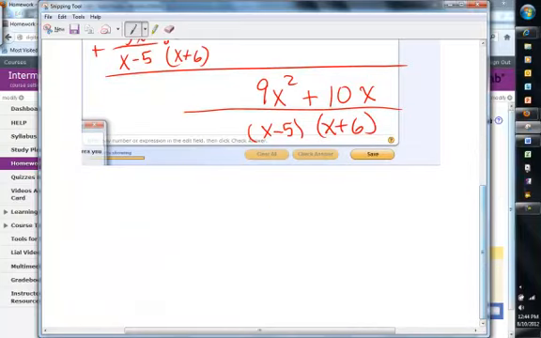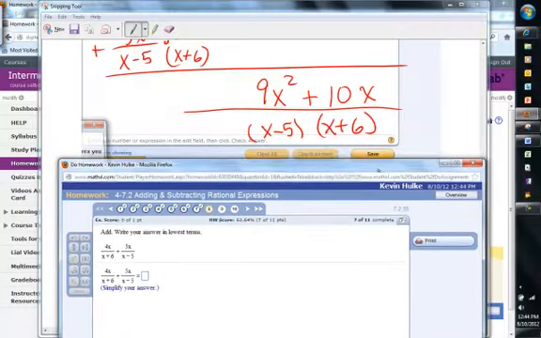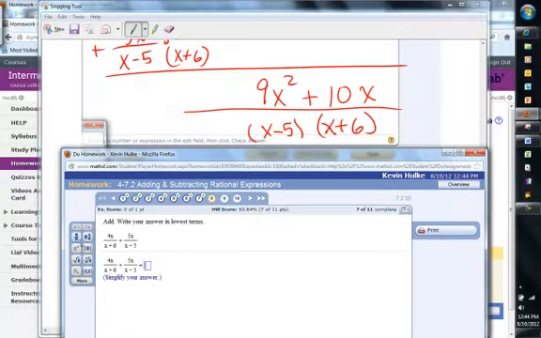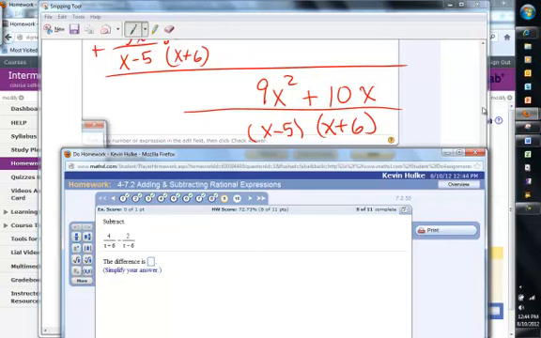So let's just leave it the way it is and write our answer as the fraction 9x squared plus 10x over x minus 5 and x plus 6. Number 9.